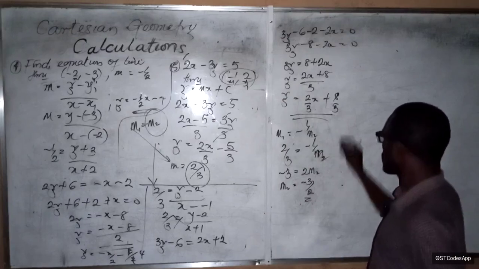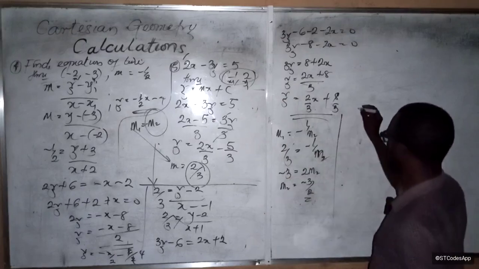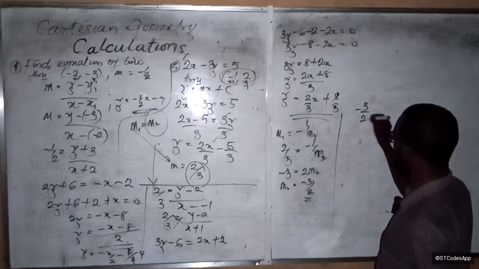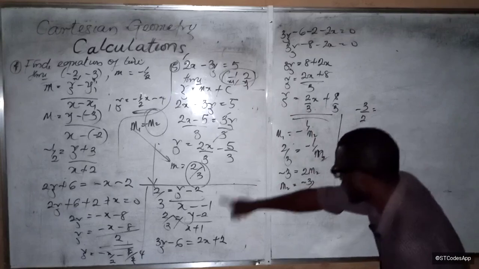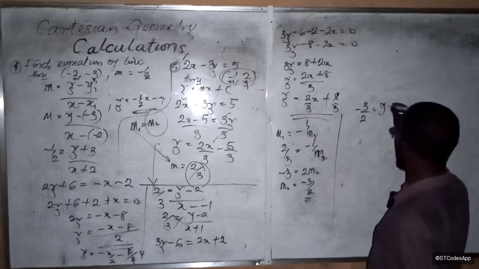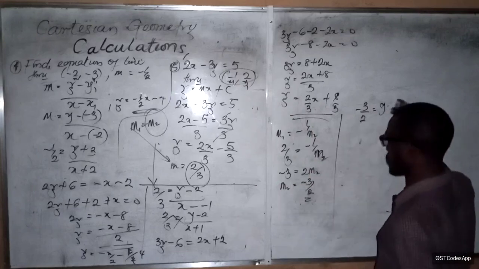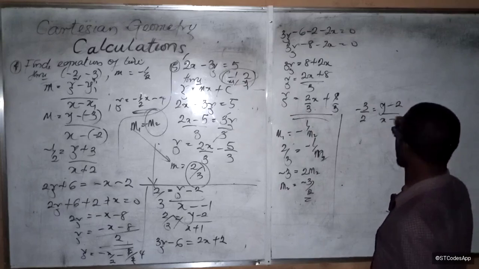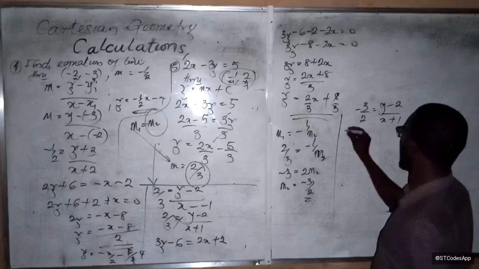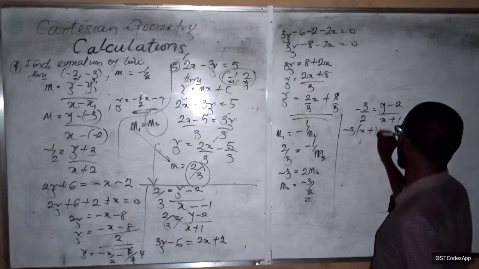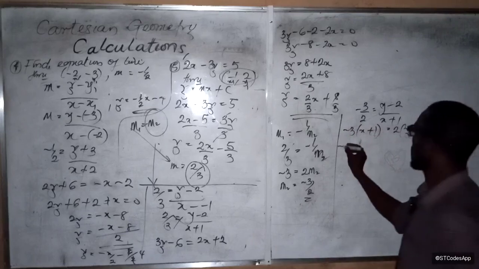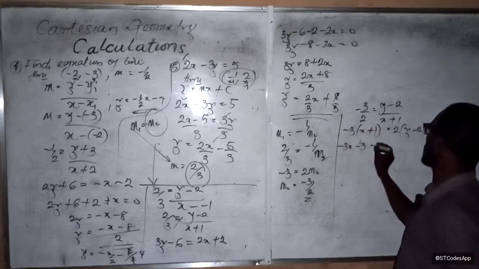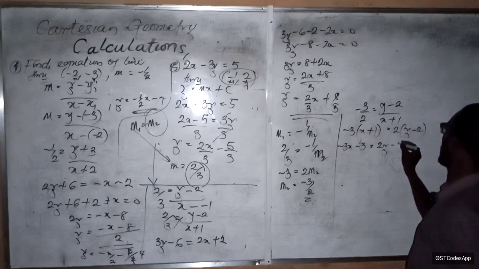So you can continue this by just going directly: minus 3 over 2 is equal to, since it's the same point we are using, nothing will change here, y minus 2 over x plus 1. So this opens the bracket. We have minus 3 into bracket x plus 1 is equal to 2 into bracket y minus 2. So here we have minus 3x minus 3 is equal to 2y minus 4.